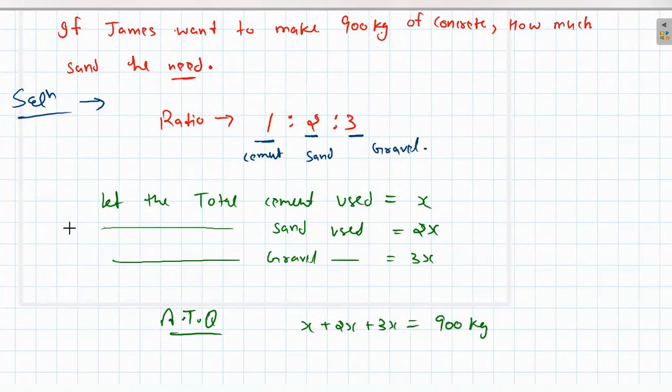Yes or no? Now if you add them up, you will get 6x equals 900.